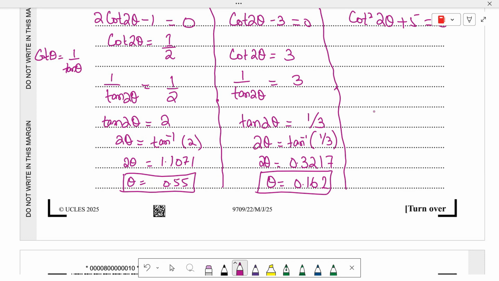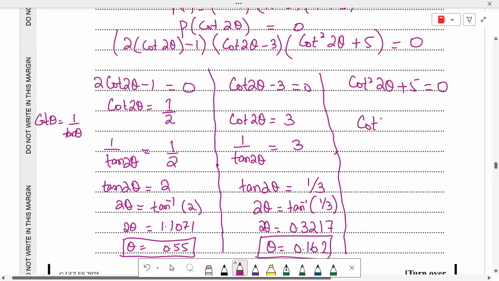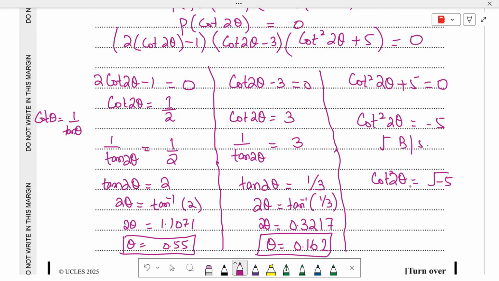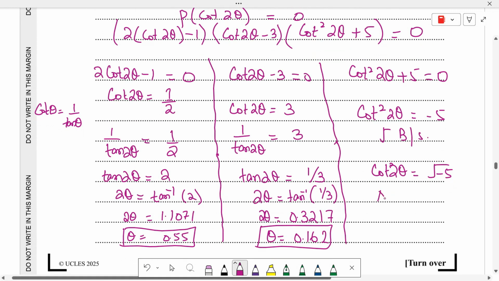On the other side, when we solve the third, cot square 2 theta is equal to negative 5, and taking the square root of both sides, cot 2 theta would be the square root of negative 5, which is an imaginary value, and we will not find any real value in this case, so we discard it, or we can say it is not applicable.